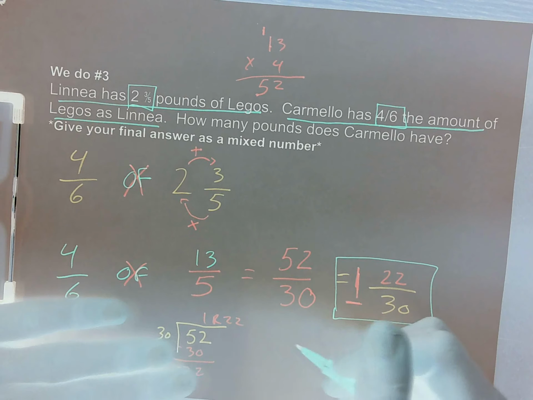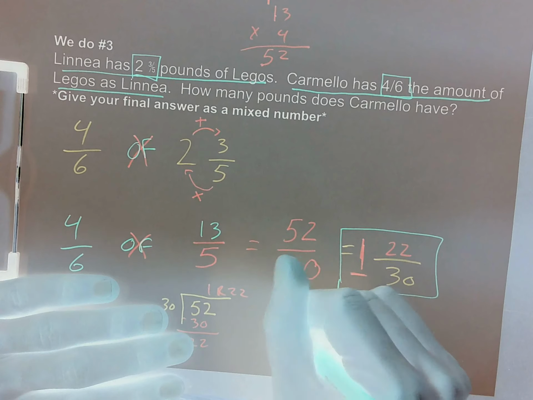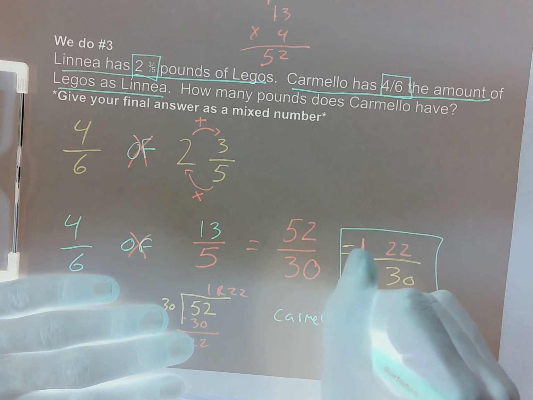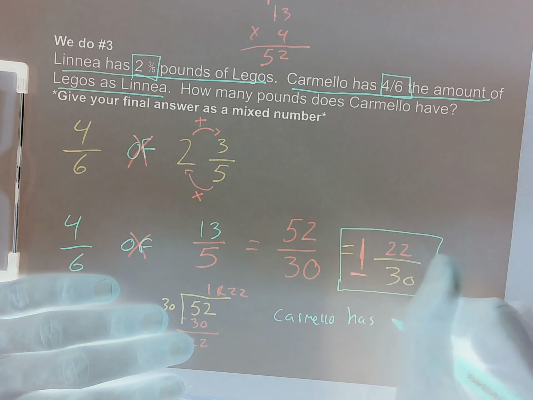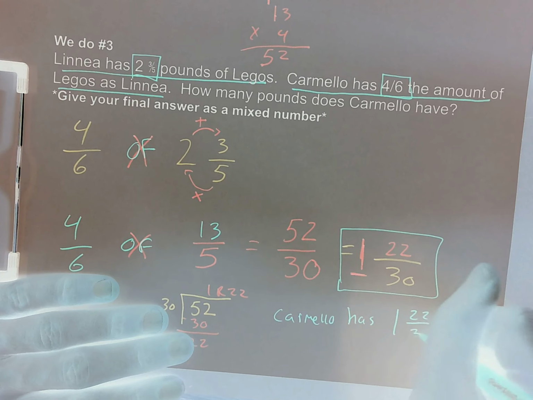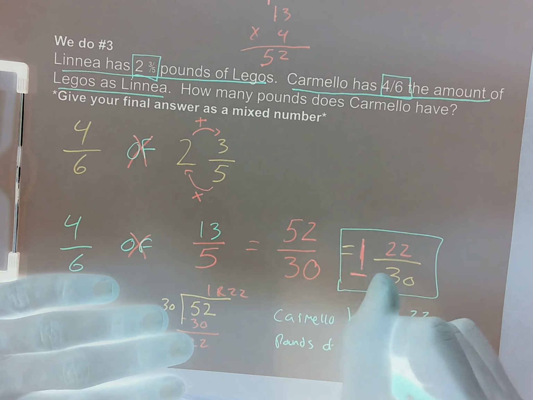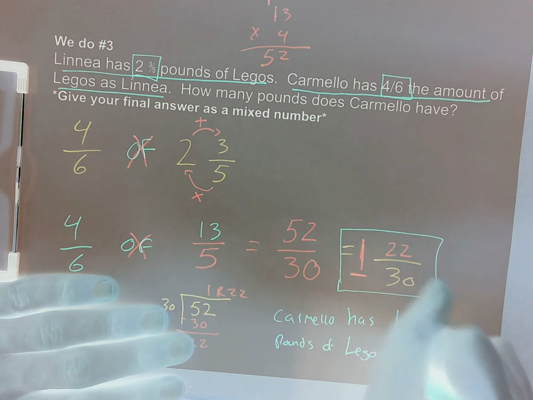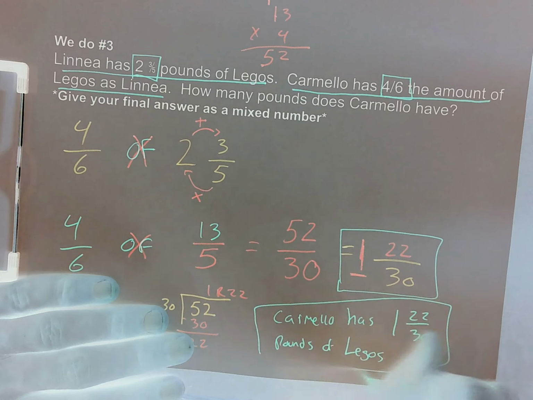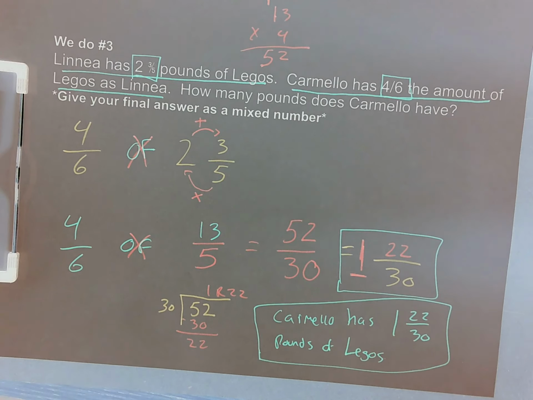Let's write that as a complete sentence. Carmelo has 1 and 22/30 pounds of Legos.